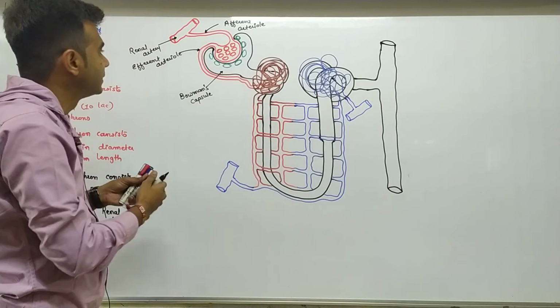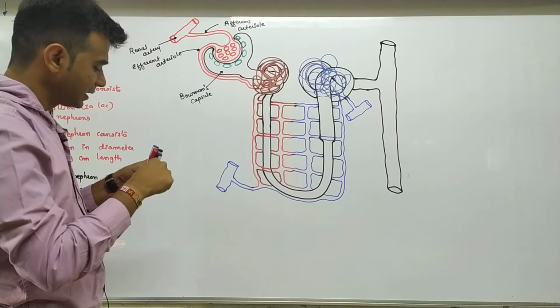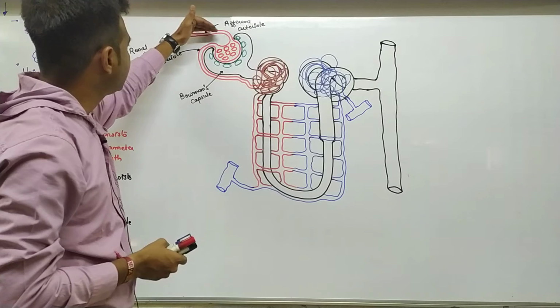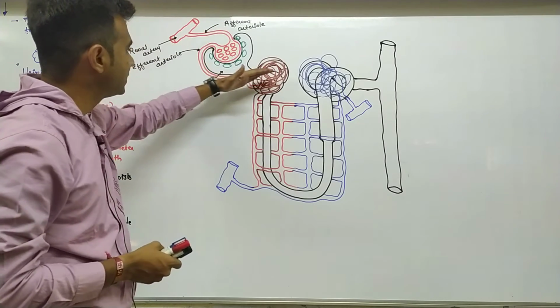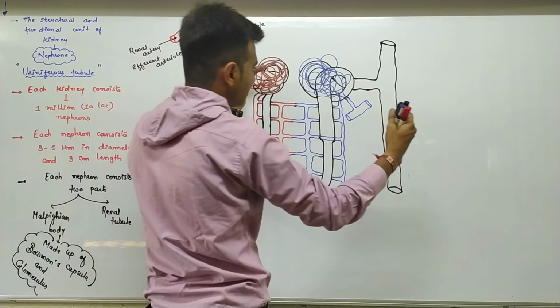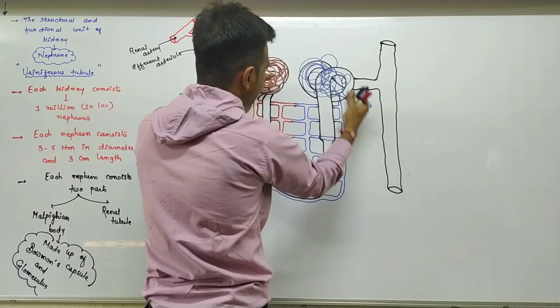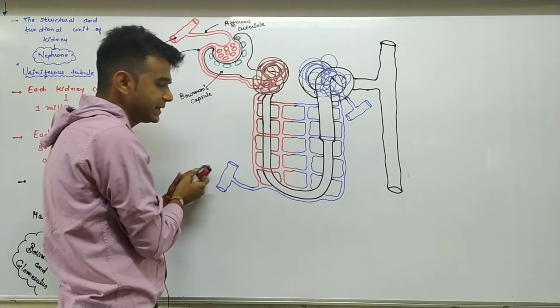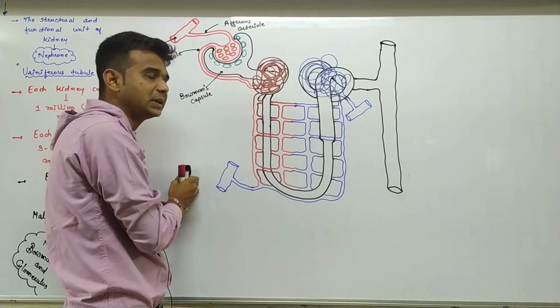So this is the direction of the blood, from the renal artery to the Bowman's capsule and then to this region.